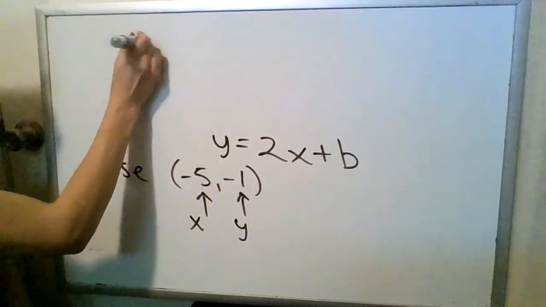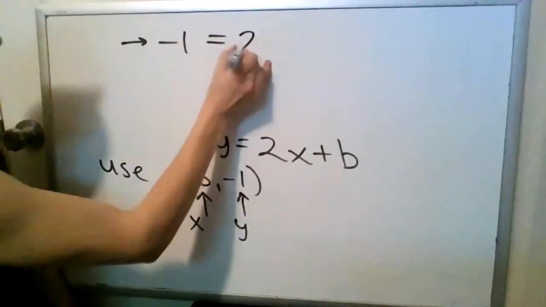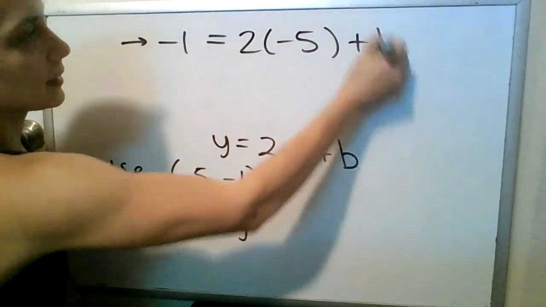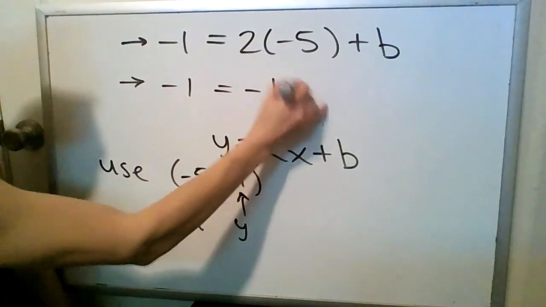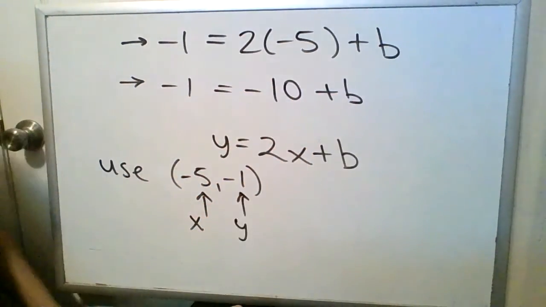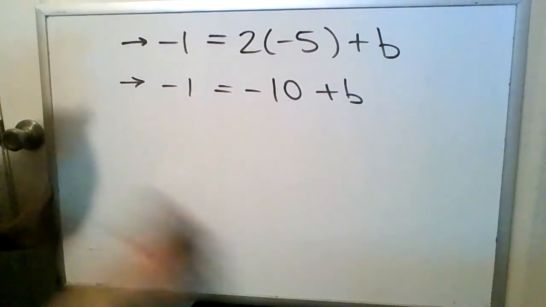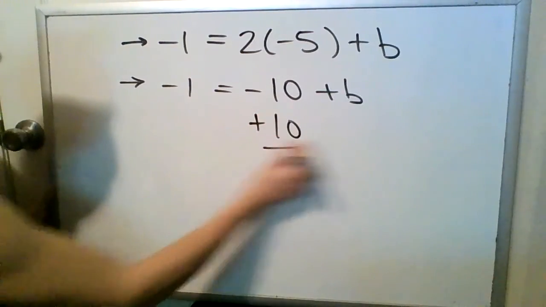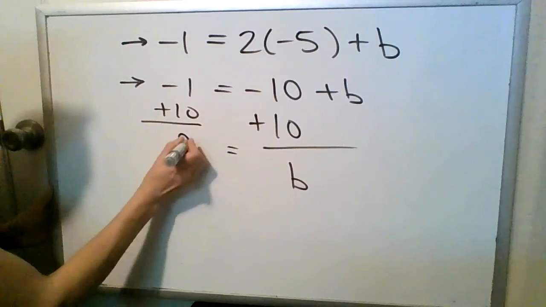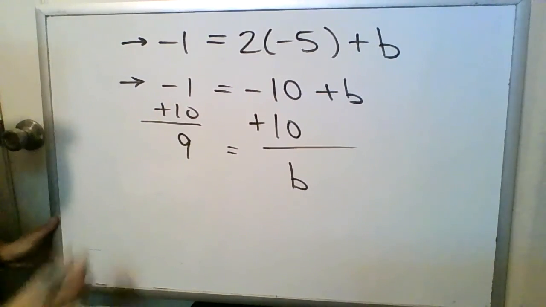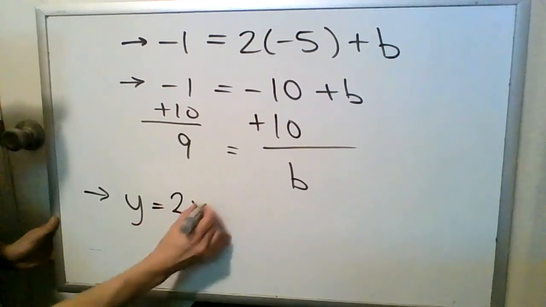Negative 1 would be equal to 2 times negative 5 plus b. Negative 1 equal to negative 10 plus b, and we're going to add 10 to each side. And that will give us b. So my line is y equals 2x plus 9.